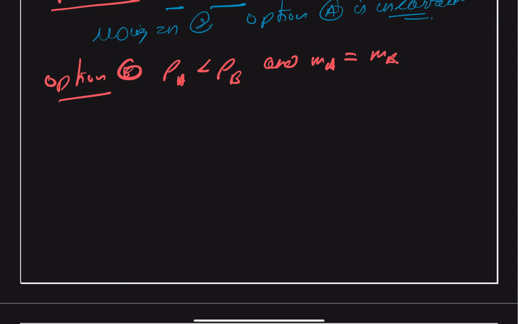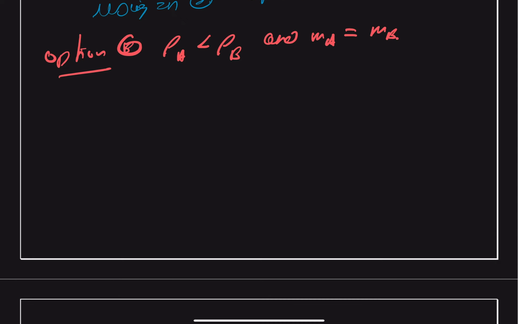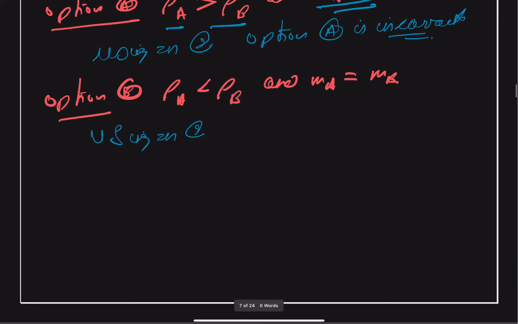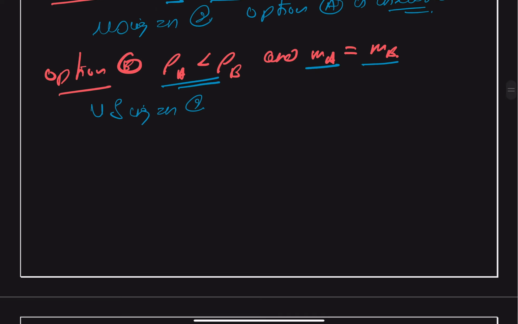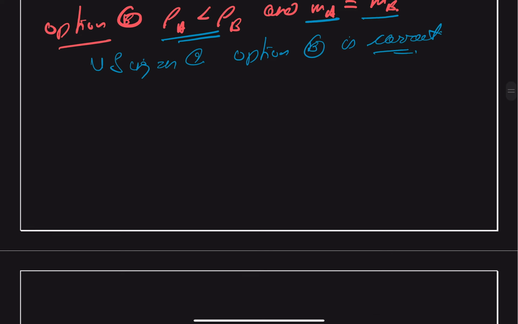So once again, using equation 2, if you substitute here MA equal MB in equation 2, MA and MB will cancel, so we are going to get this particular condition. Okay, so we can say option B is correct.